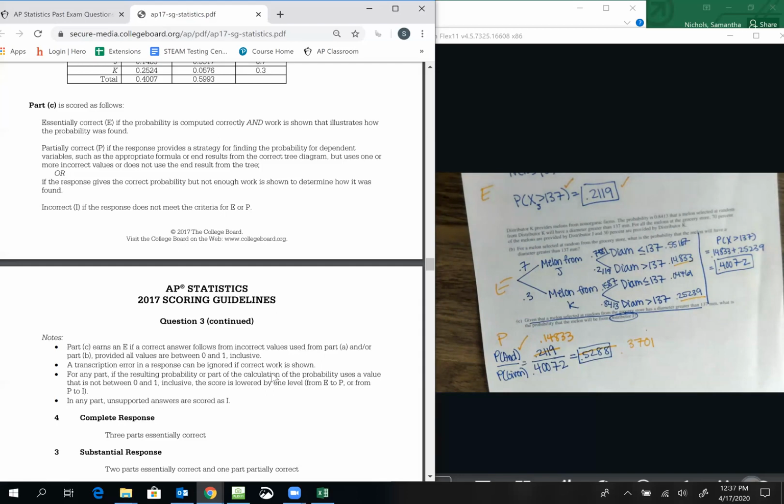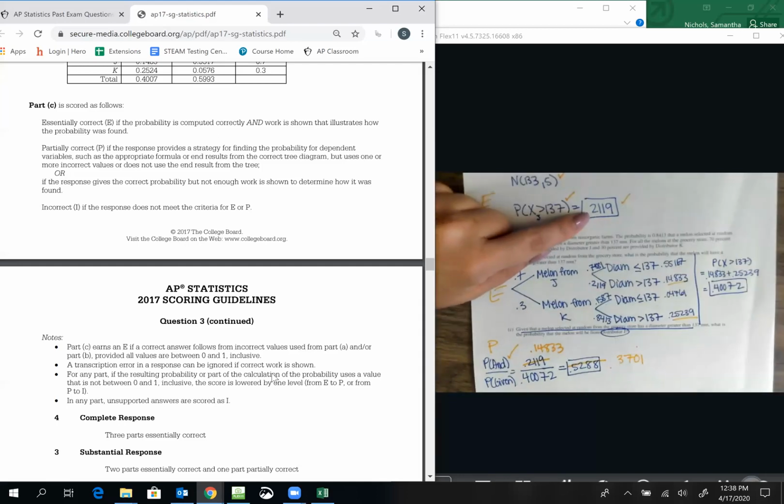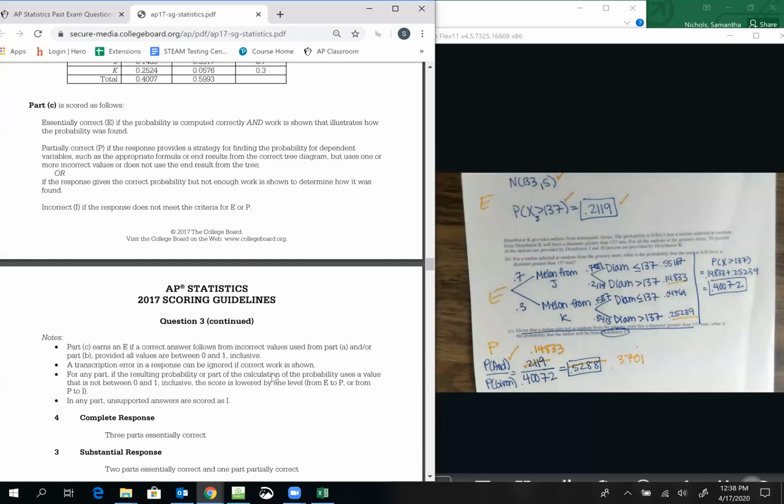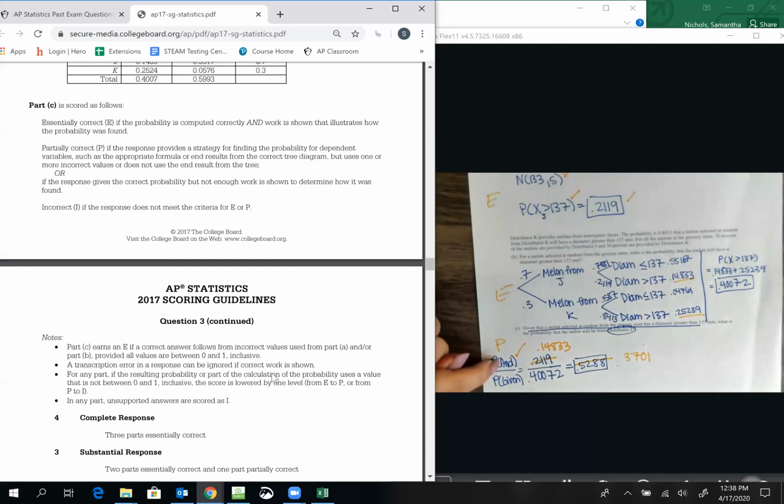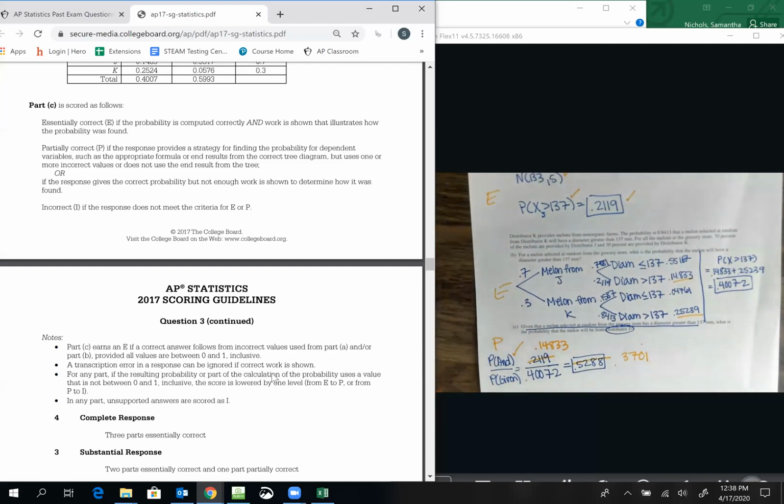By the way, part C earns an E if correct answer follows from incorrect values used in part A and or part B. So all of this is error carried forward. If you made a mistake on this one and you carried that error forward, you would have lost points on part A, but B and C would have been completely correct as long as the answers you got are possible.